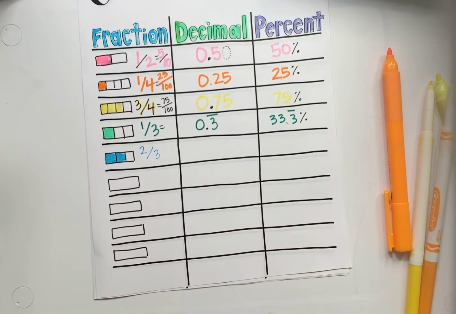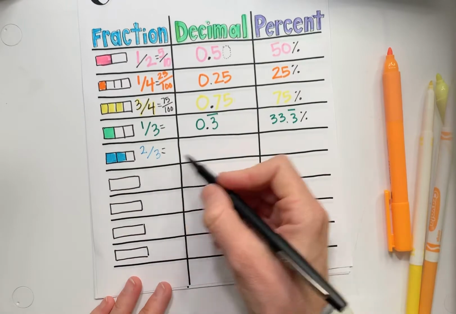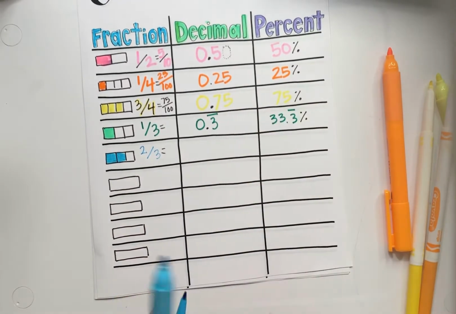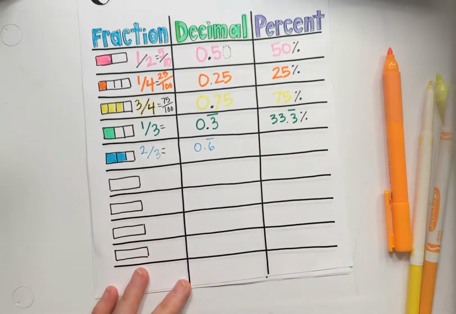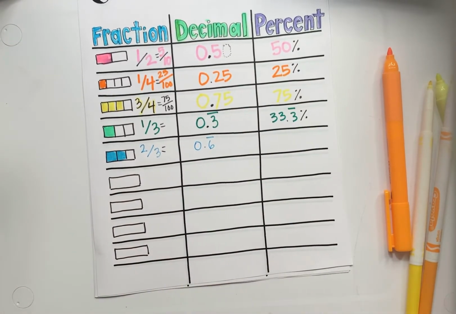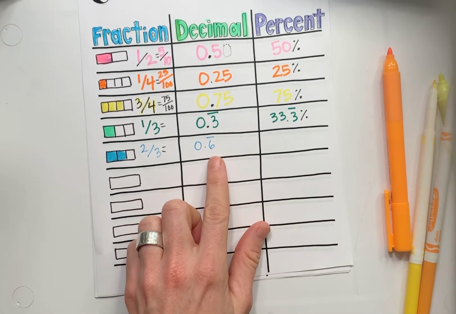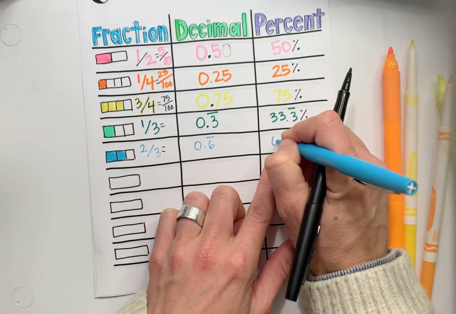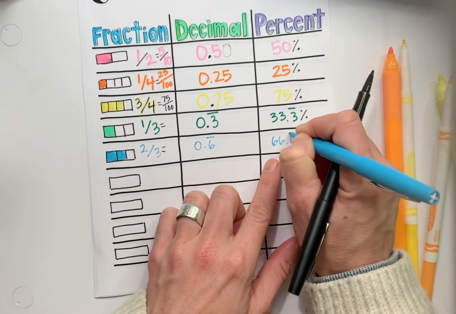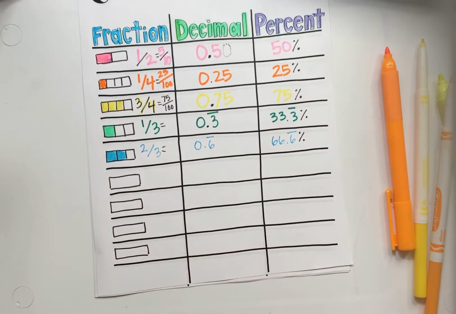But the closest thing to it is going to be 0.6 with a bar, or 6/10 repeated, so 0.6666666, and then the bar shows the repetition. And then as a percentage, that's going to be 66.6 with a bar. There we go.